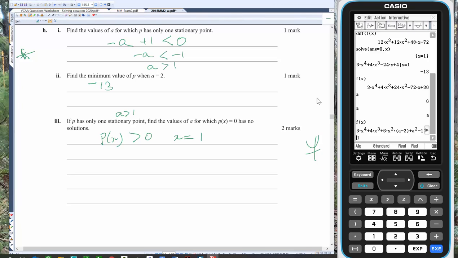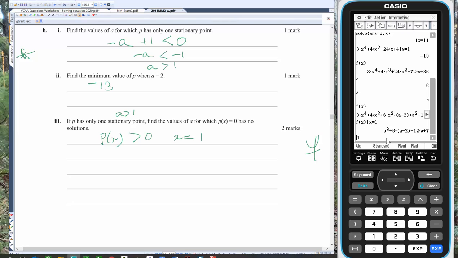So I'm going to do f of x on the calculator with x is equal to 1. And that's what I've ended up with, this function here. And I'm just going to expand it.